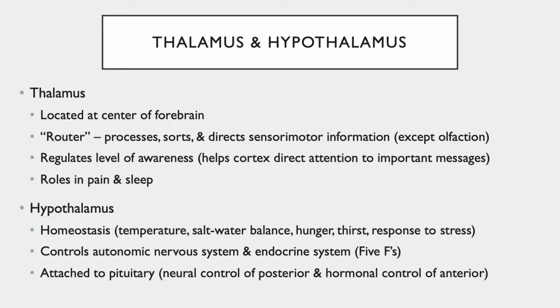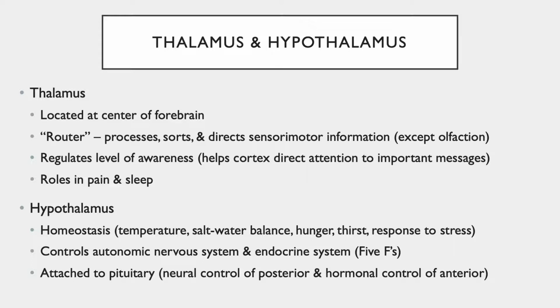It controls the autonomic nervous system and the endocrine system. A lot of people refer to this as the 5 Fs, which include fever, feeding, fighting, falling asleep, and fornication. The hypothalamus is attached to the pituitary gland via the pituitary stalk.